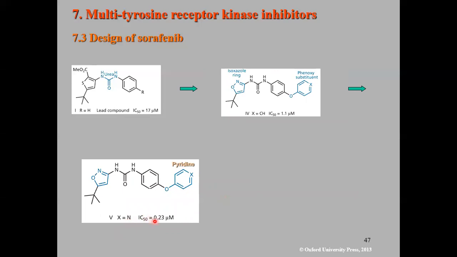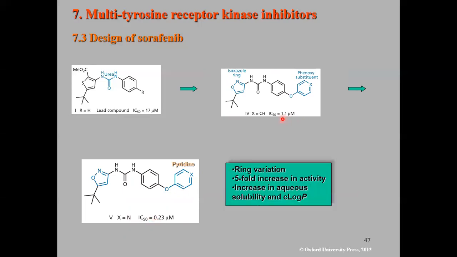The IC50 became 0.23 micromolar instead of 1.1 micromolar. So we call that the ring variation strategy. And you see, now you are learning about different drug design and development strategies in each step.